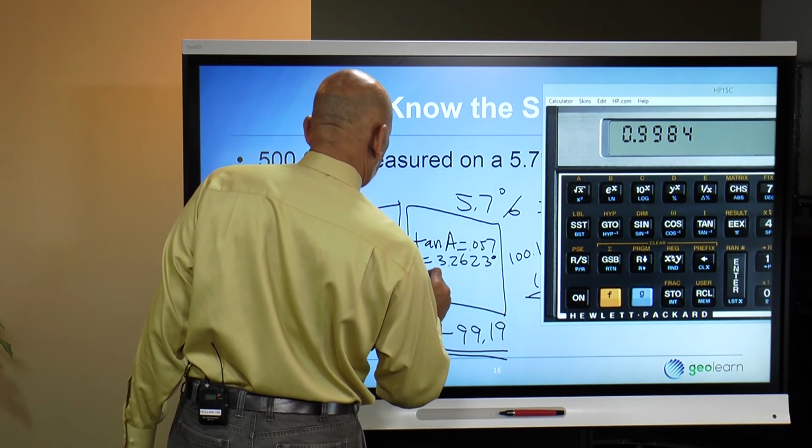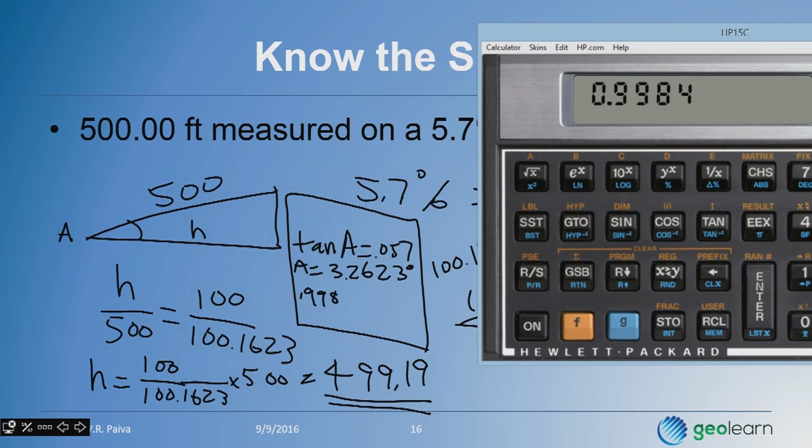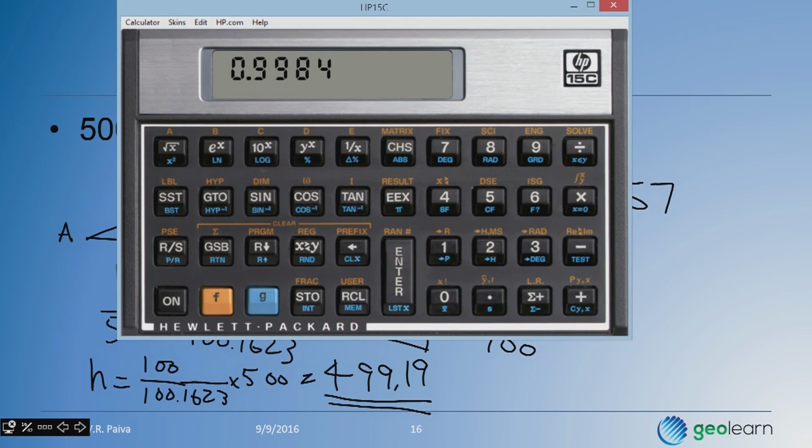So 0.9984 is equal to h over 500, the adjacent over the hypotenuse. And if you multiply this out, you'll find you get the 499.99. So let me just multiply this by 500.